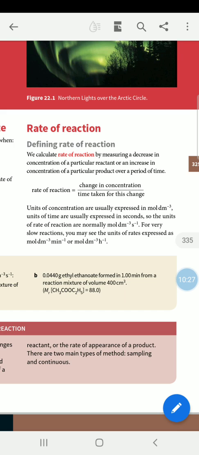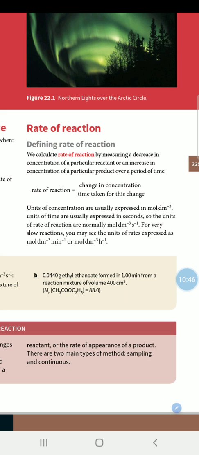Then you must write down the equation. Rate of reaction is equal to change in concentration divided by time taken for this change. Rate of reaction, you can see it on the video. Rate of reaction equals change in concentration divided by time taken for this change.